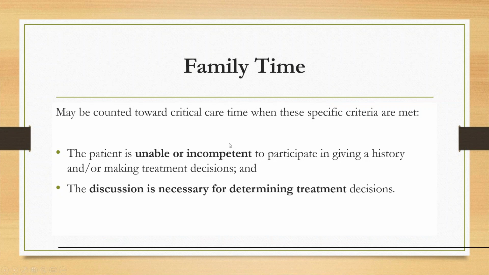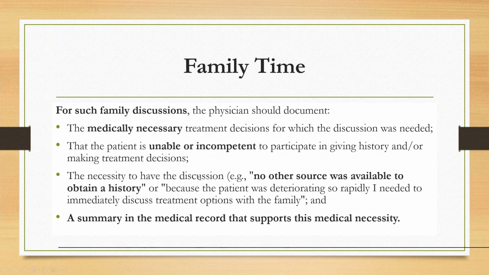The one that's the most confusing is with family time. If the patient is unable or incompetent to participate, and a discussion is necessary for treatment decisions, then we can count that time that we have a family member discussion.